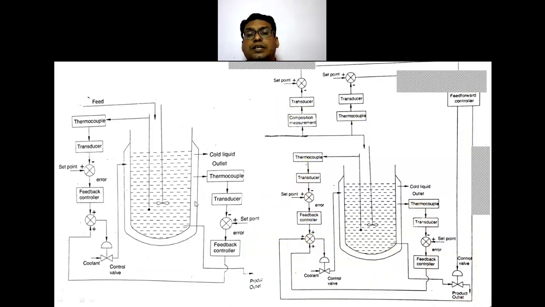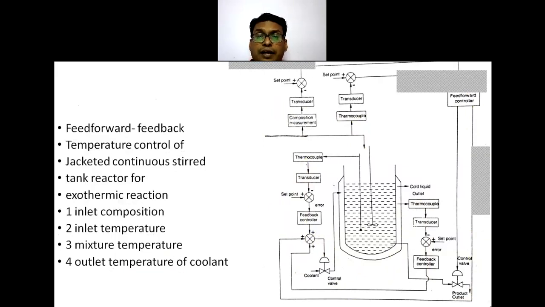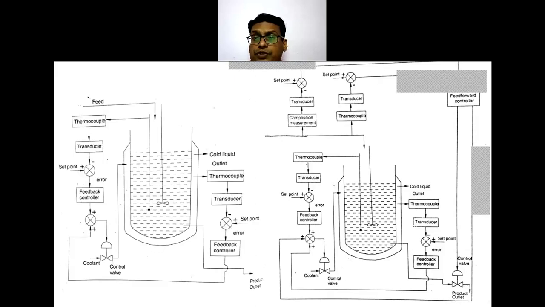Now comparing this with the feedback control system only. In case of a feedback control system, there are only the two loops: thermocouple, transducer and feedback controller, and here the outlet temperature of the coolant, transducer, comparator and the controller.